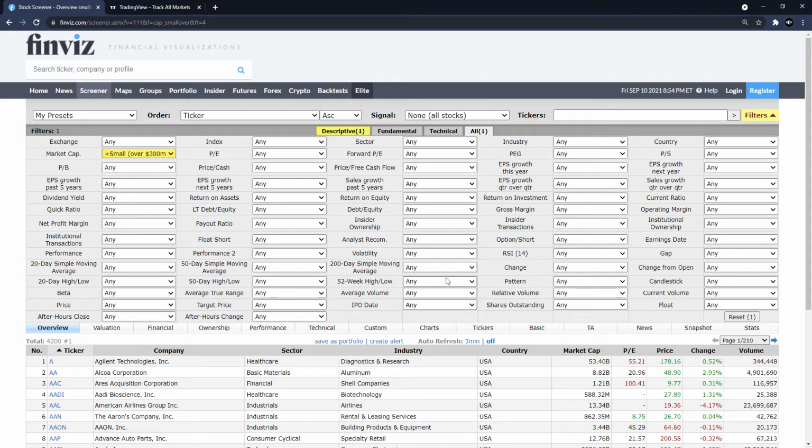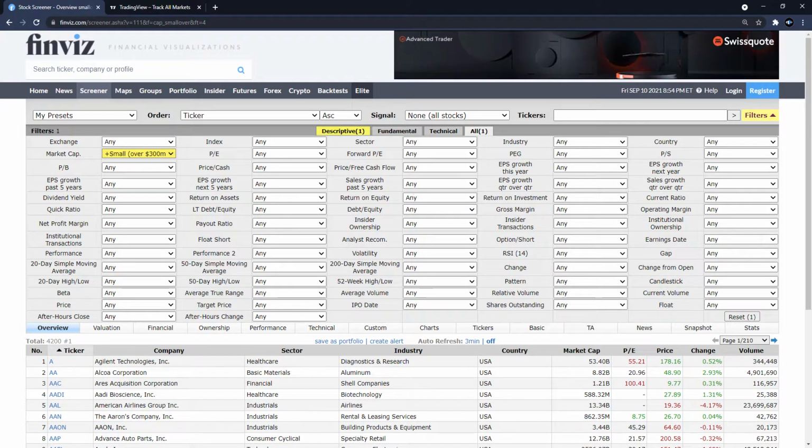What we want to fill in right here is over 300k. You could go over 300k, 400k, even 500k if you want your stock to be kind of liquid. It is always up to you, but let's just go with over 500k.